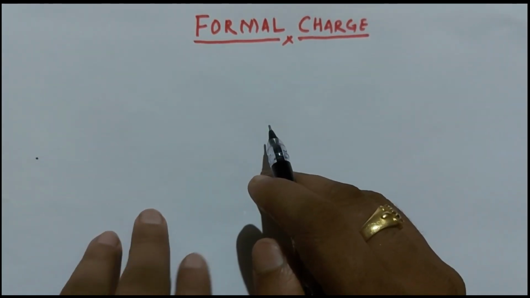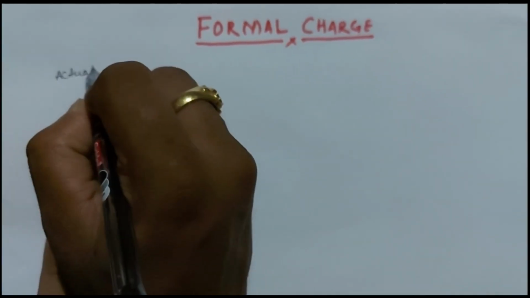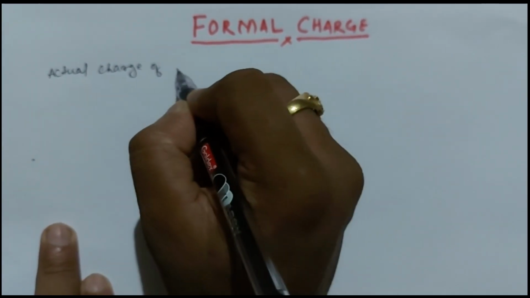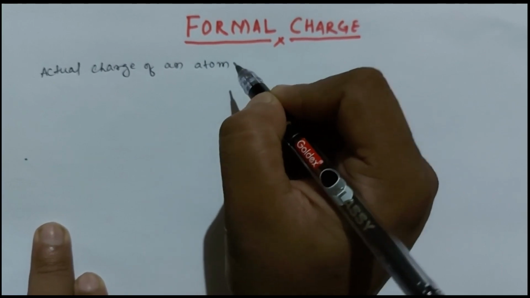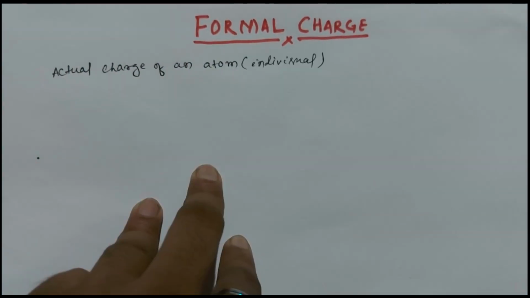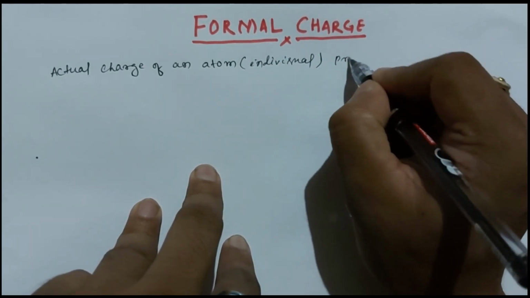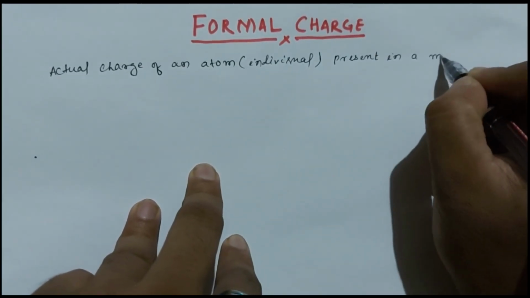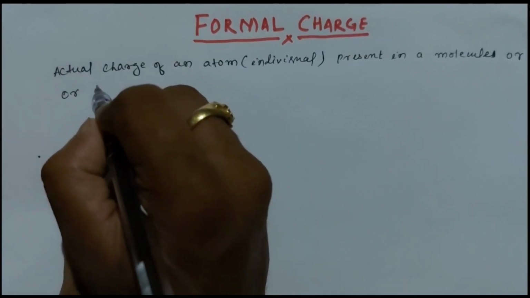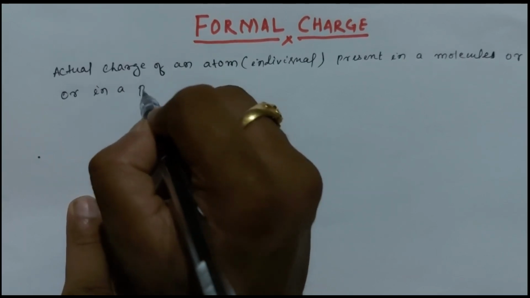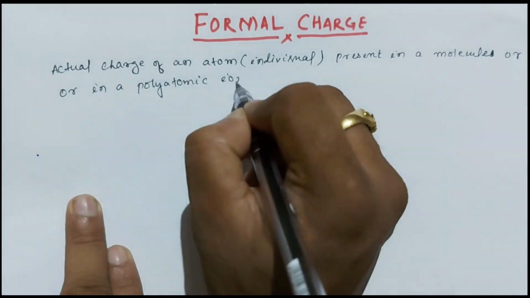Okay, so actually what is the formal charge? It is the actual charge of an atom, that is, the individual atom present in a molecule or in a polyatomic ion.